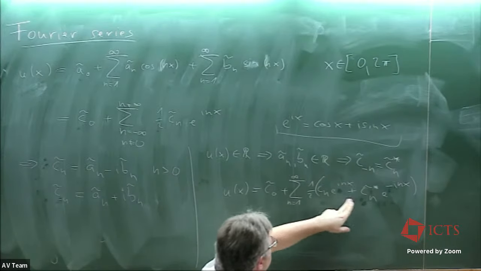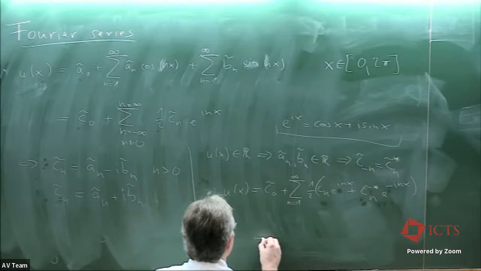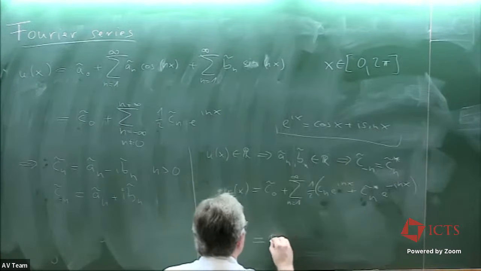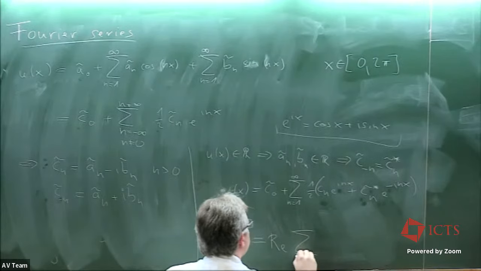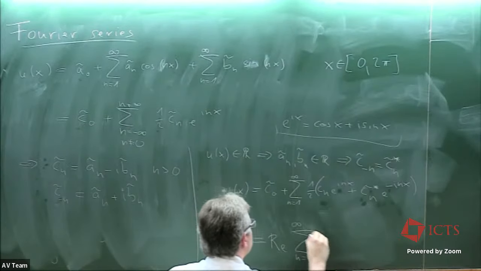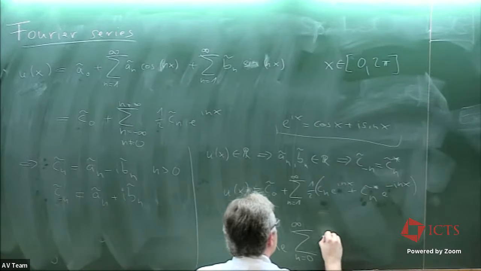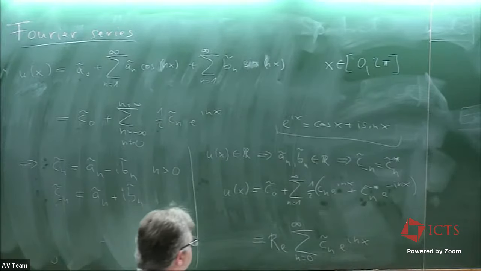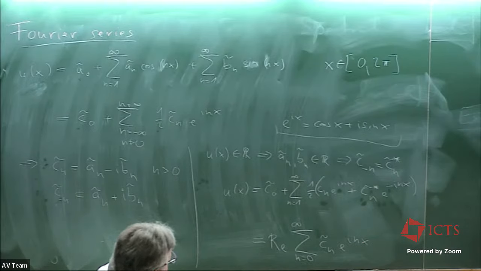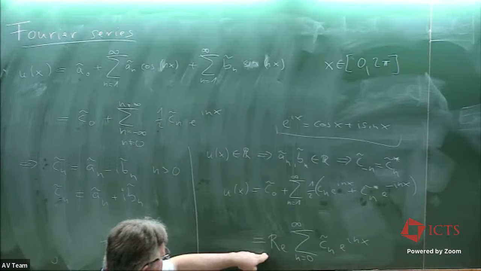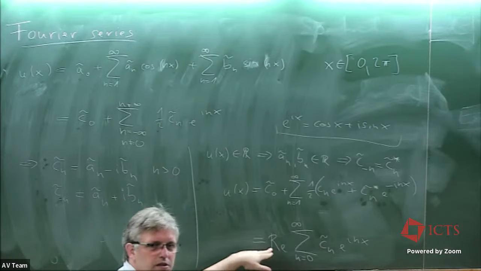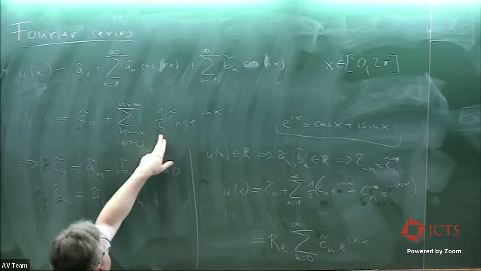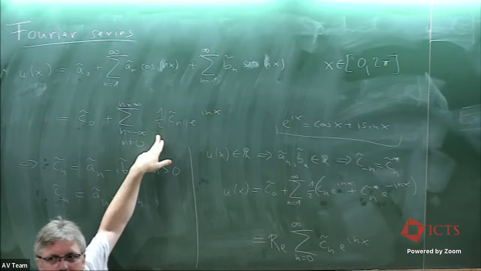And then this whole thing becomes a real part. And this turns out to be the real part of the sum n equals 0 to infinity, C_n tilde e to the i n x. And because I wanted this nice end result here without any 1/2s floating around for real functions, this is why I started out over here with the unusual 1/2.